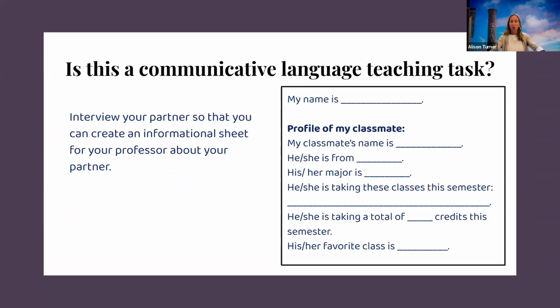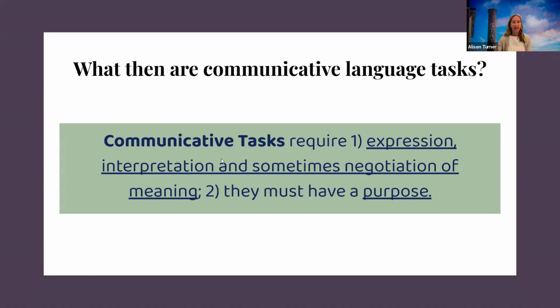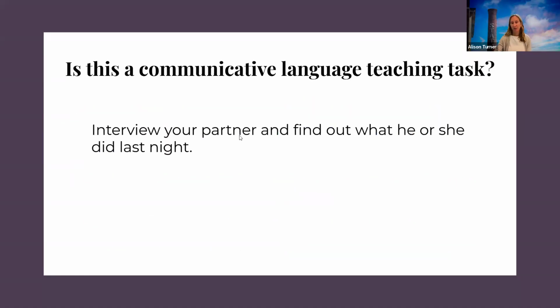Now, do we always get to this gold standard of communicative language teaching tasks? The answer is no. Doing an activity like we saw here, interview your partner, find out what he or she did last night, report back to the class. This is also good. It's not fully on the end of communicative language teaching task, but it is pretty far along.